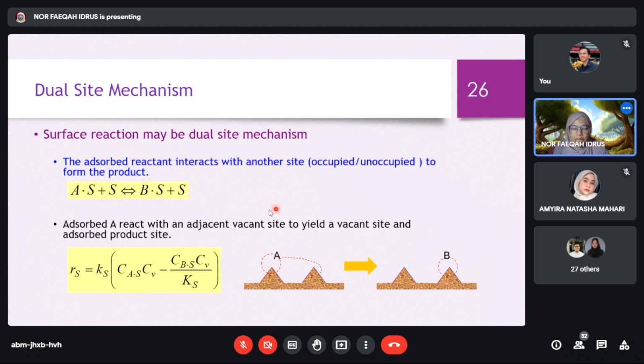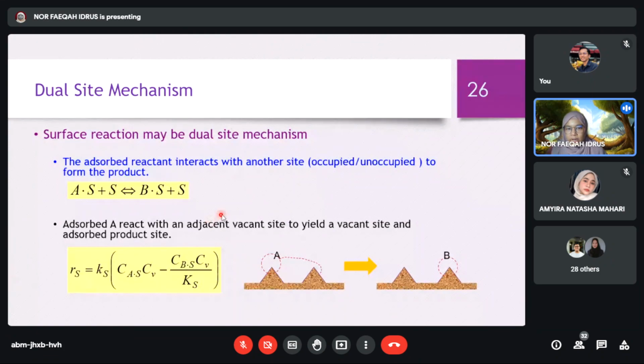Therefore, based on this mechanism, we write the rate of surface reaction as Rs equals Ks in bracket, the concentration of adsorbed species multiplied by the concentration of vacant site, minus the concentration of the product that is still adsorbed onto the active site multiplied by the concentration of the remaining vacant site, divided by the equilibrium constant for the surface reaction.